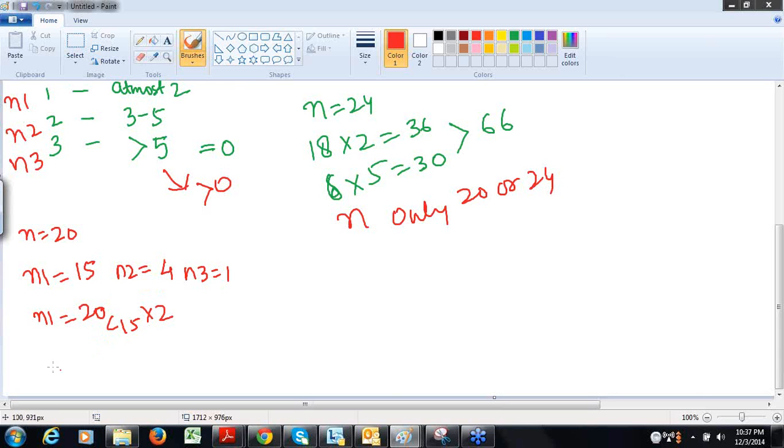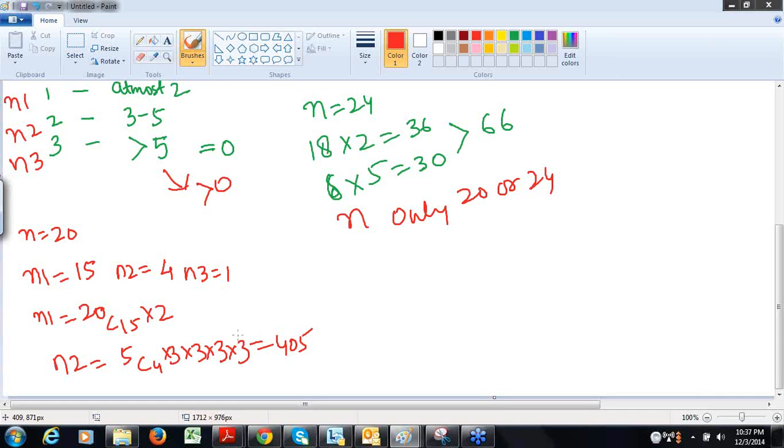Similarly, for distributing n2 it will be 5C4 into 3 into 3 into 3 into 3, which is equal to 405. Why?